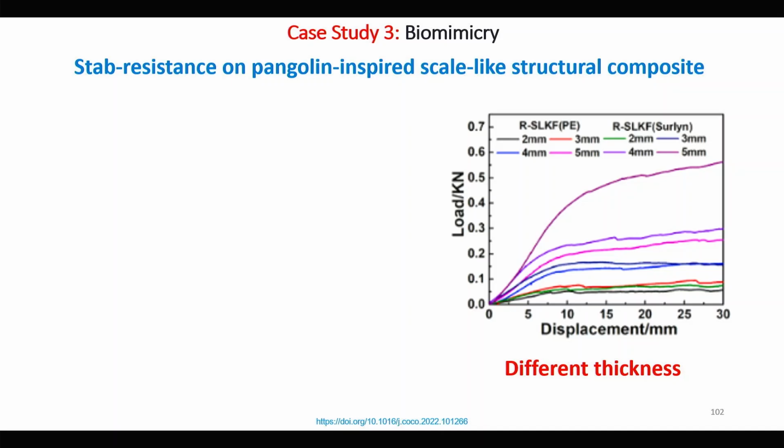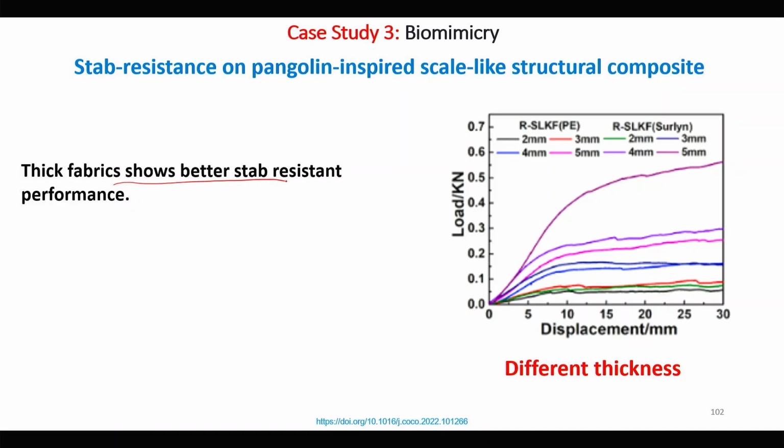For different thickness, fabrics were developed. So, thick fabric shows better resistance performance. This is a 5 millimeter thickness, whereas this black one is 2 millimeter thickness.